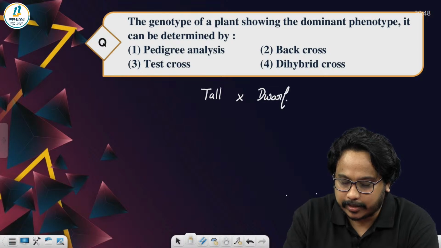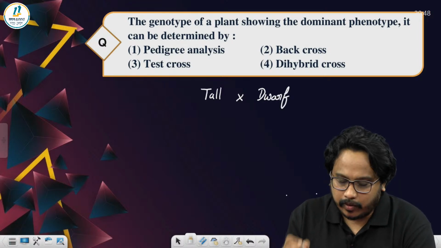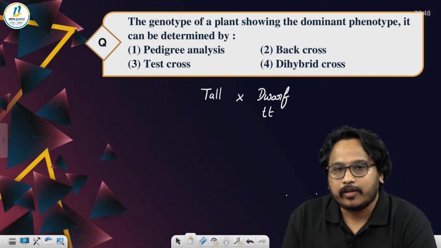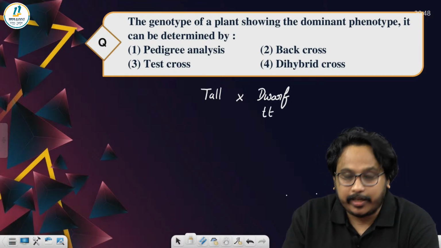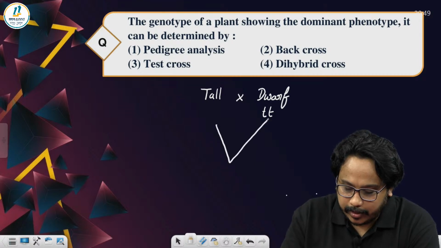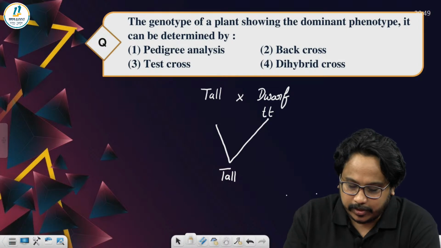What is the recessive character? Dwarf. We already know the genotype of dwarf, that is always homozygous. So when homozygous dwarf is crossed with this dominant character, if you are getting all tall, then we can tell the genotype of this is homozygous.